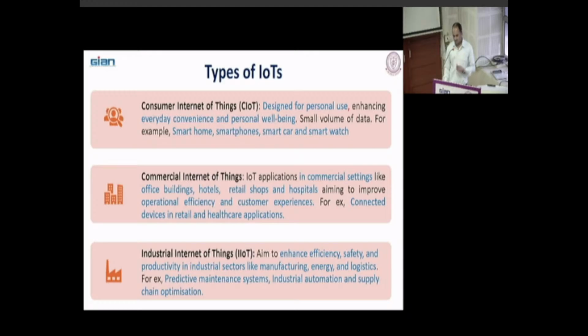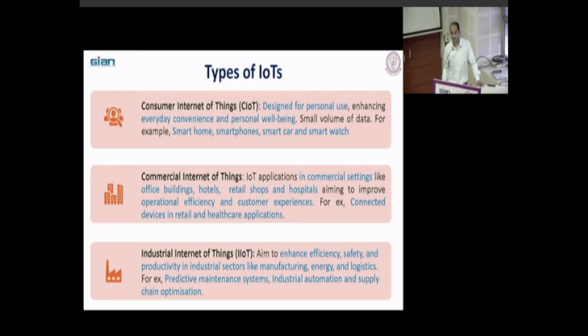On that basis, it collects that small volume of data, and you don't need to send that small volume of data to the cloud. Why? You can locally manage that data on whatever device is there. If a huge amount of data is there, then only you need cloud computing. For this small amount of data, you don't need to go to the cloud and ask, can you process this one, and then again that latency problem will be there. So you don't want to do that. So that's your consumer internet of things.